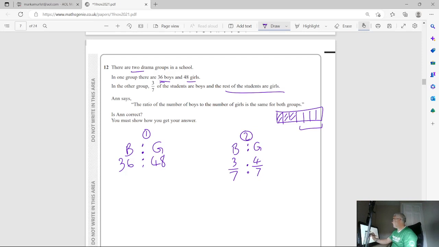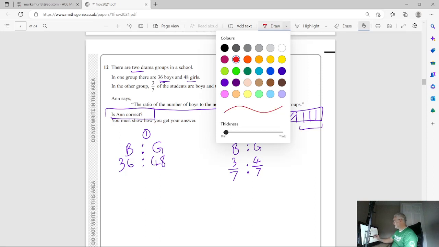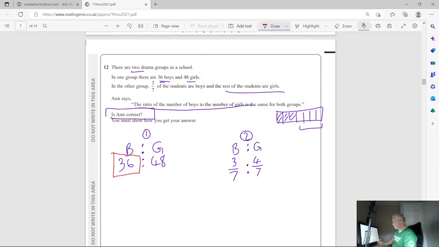So, is it correct? Right, the ratio of boys to girls is the same for both groups. Well, think about the relationship between these numbers. Okay, we've got 36 boys and we've got 3 out of 7. So we're looking for a link between those two. If I did 3 times 12, that would give me 36.